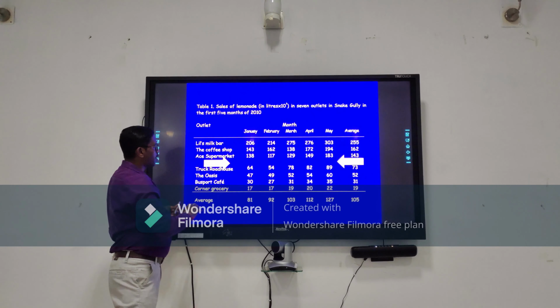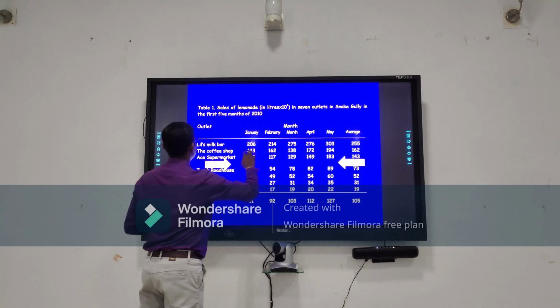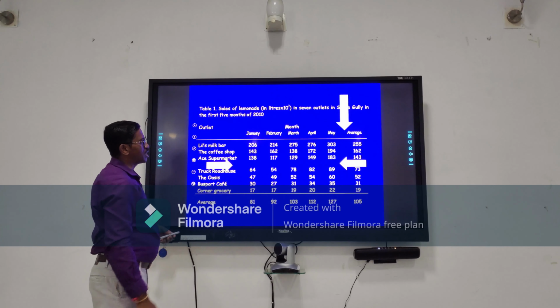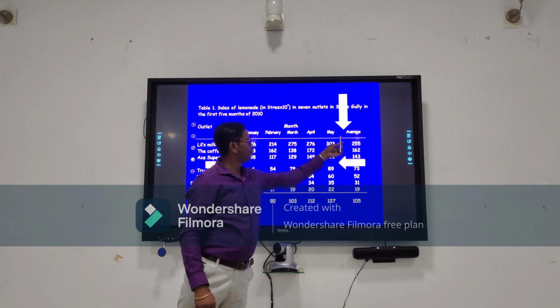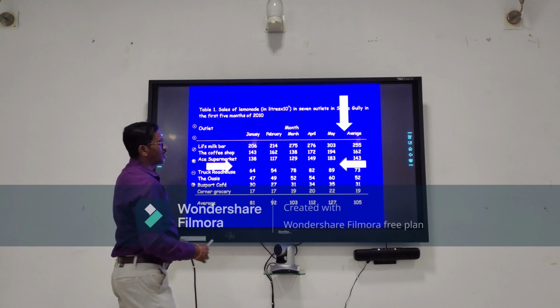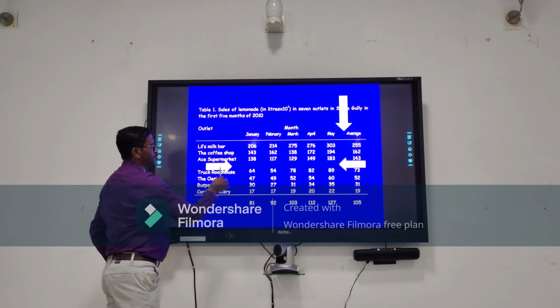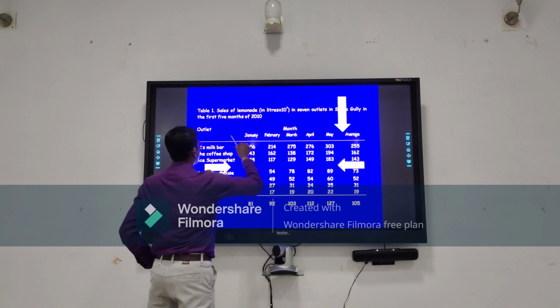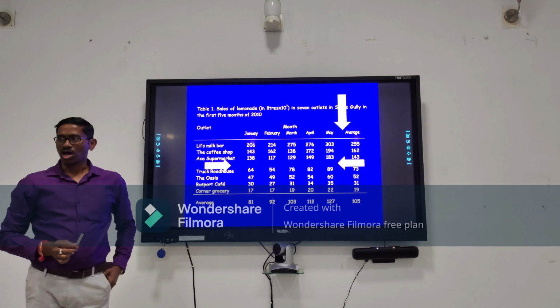So to make these differences, we have kept some spaces. Besides that, we have used another space just before the averages. This column gives us the average, the mean value of all the sale records of 5 different months of all the 7 outlets.